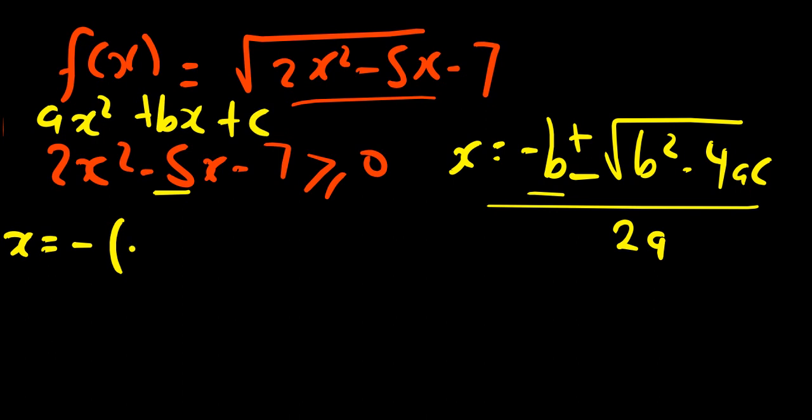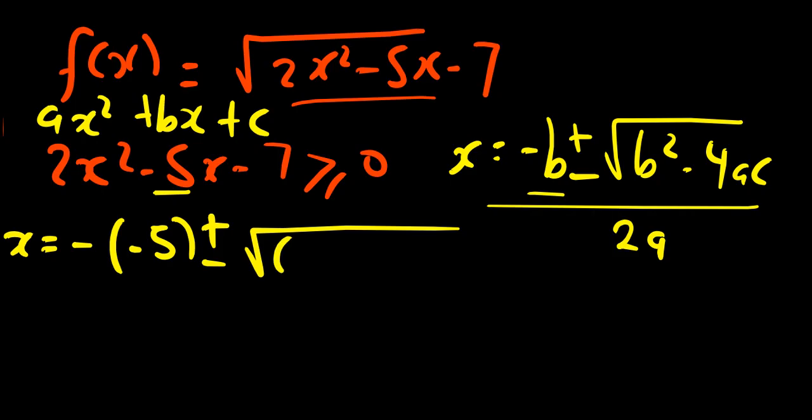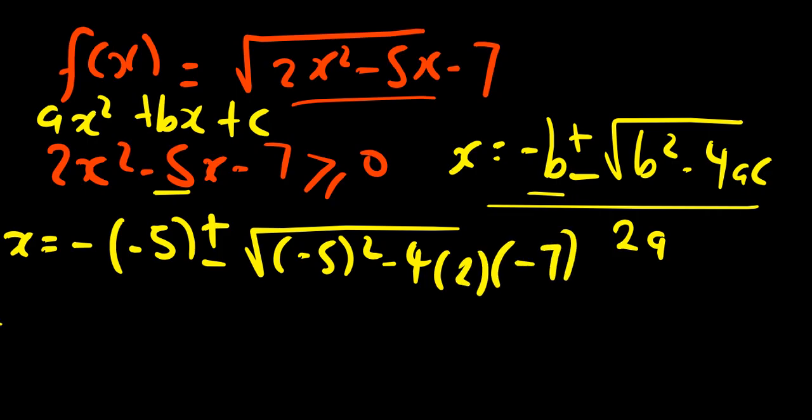Plus or minus the square root of negative 5 squared minus 4 times a, which is 2, times c, which is negative 7. So x equals, negative and negative will just give us positive 5, right?